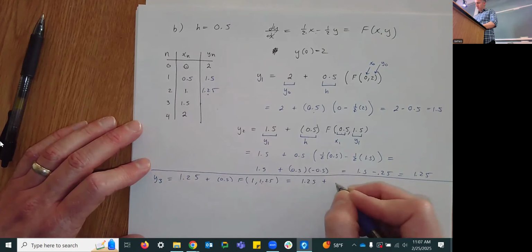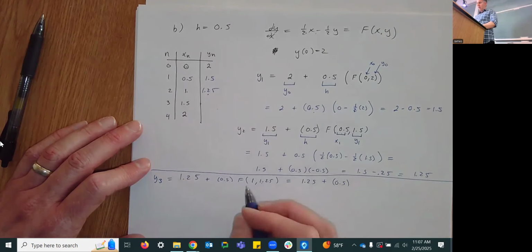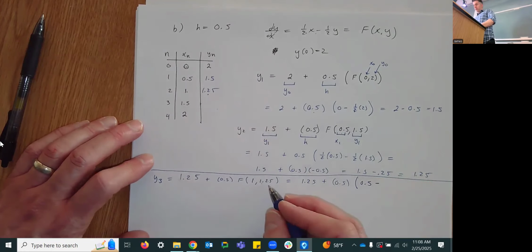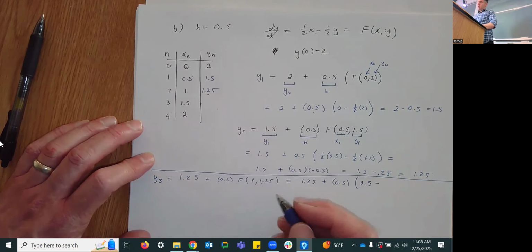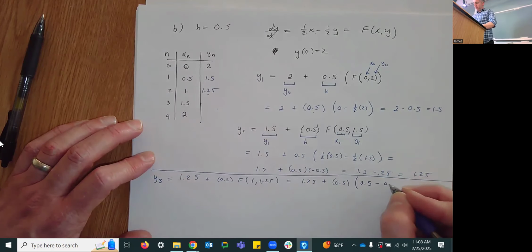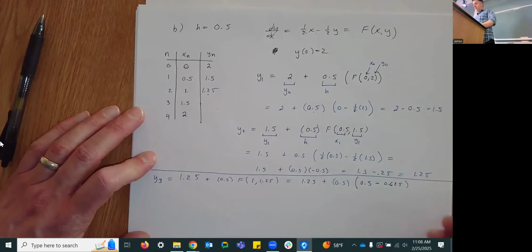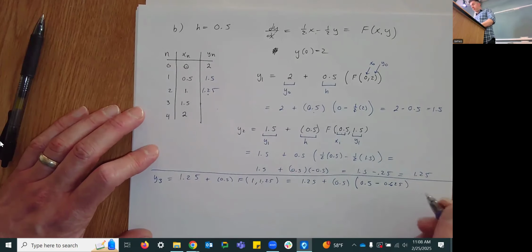1.25 plus 0.5 times f of 1 comma 1.25, which is 1/2 times 1, 0.5, minus 1/2 times 1.25, which is 0.625. That's going to be 0.125, and then half of that is 0.0625.